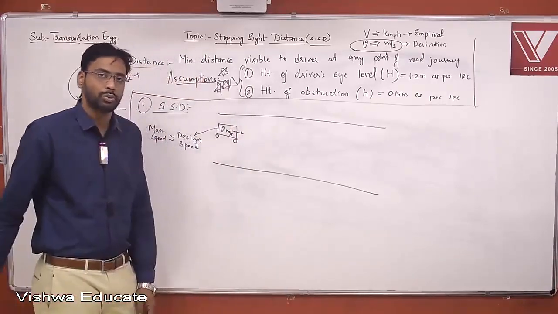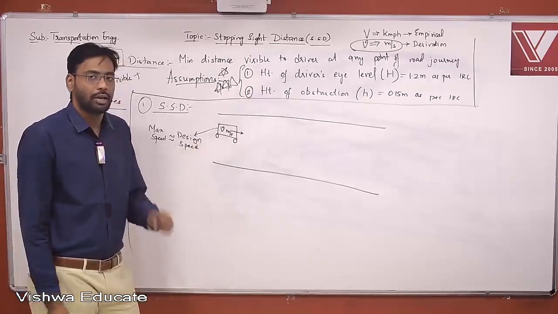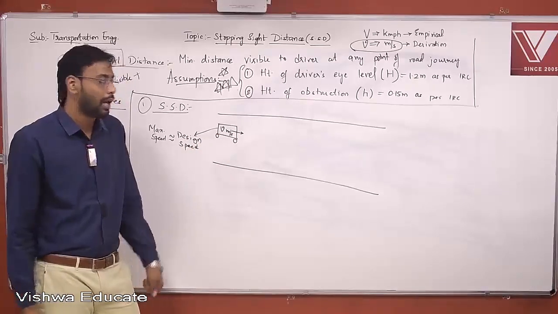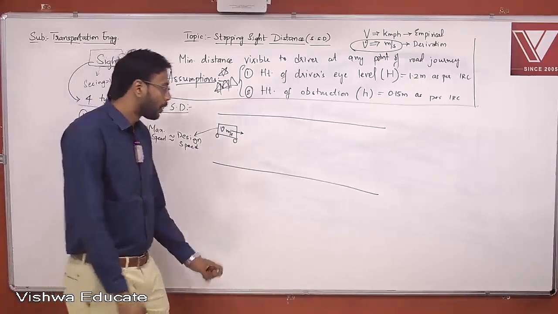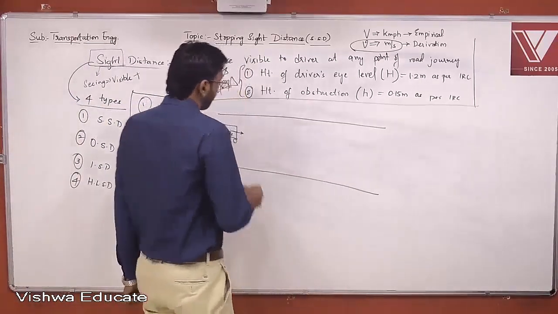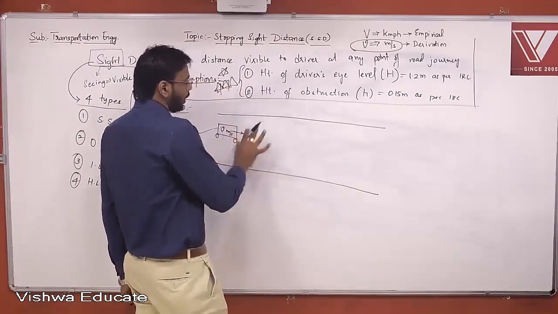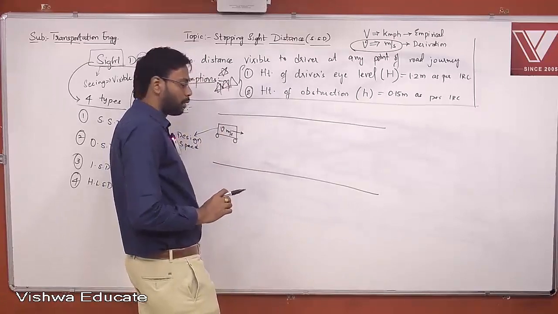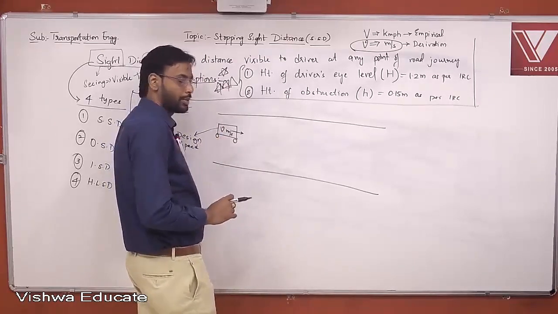So let us say that this vehicle is traveling with maximum speed, and I'm going to derive this. I've assumed that this car is traveling with v meters per second. I've used small v, right? So this vehicle is traveling on a road with a design speed of v meters per second.